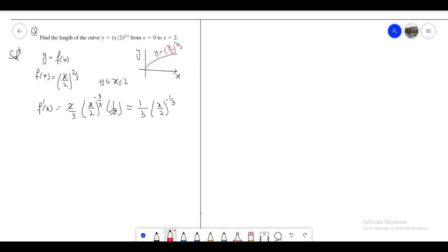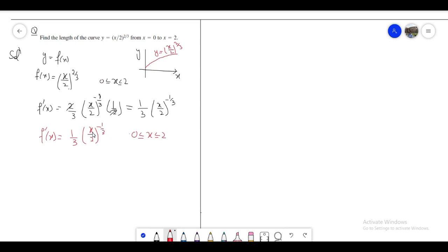Now we have the limit of x ranging between 0 and 2, and we find that our f dash of x is equal to 1/3 (x/2) power minus 1/3.